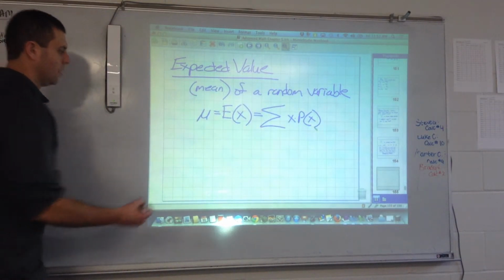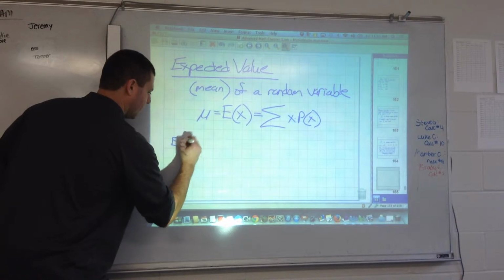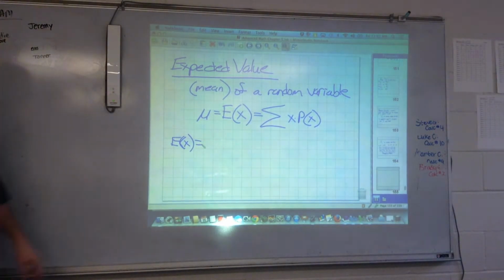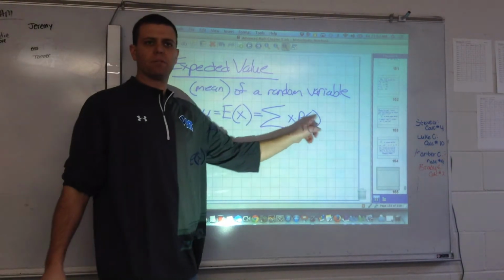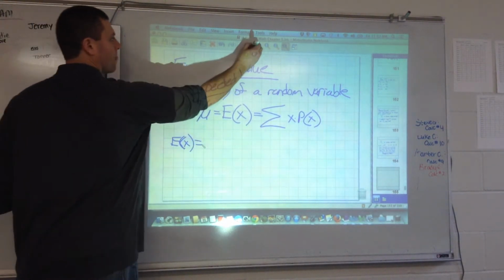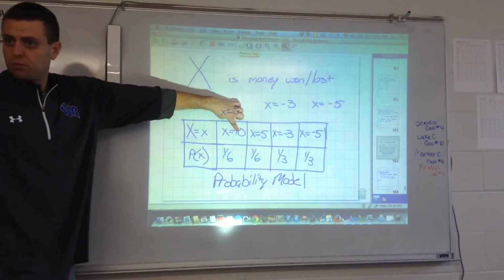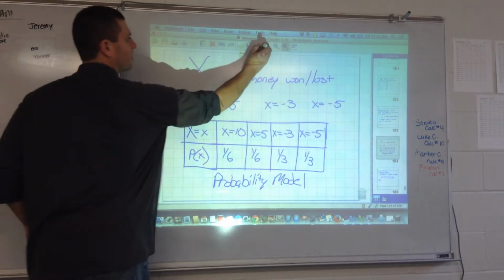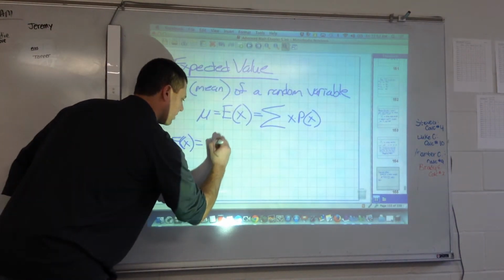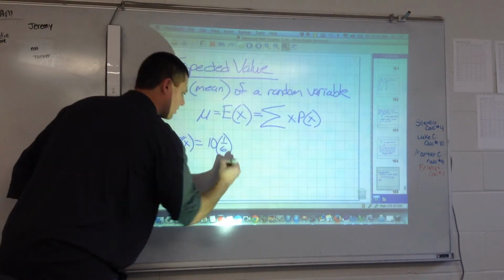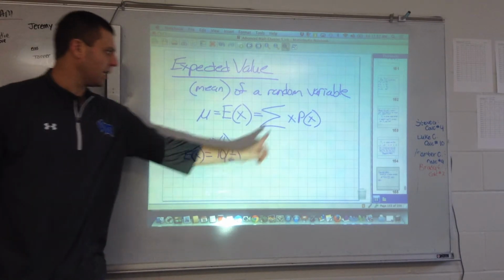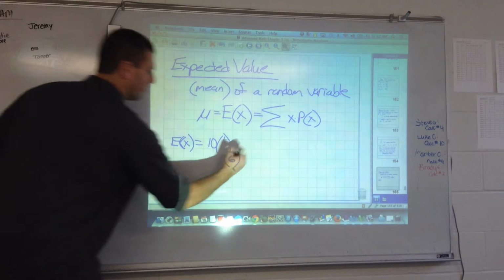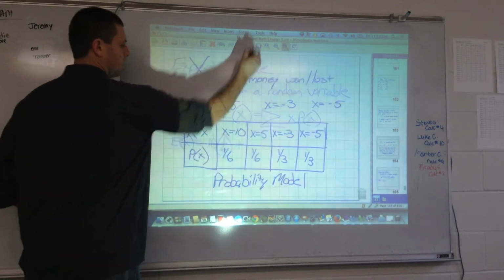Okay. So in our example, my expected value would be, okay, I got to take all those outcomes and multiply them by their probabilities. So one of the outcomes was you winning $10. What was its probability? 1/6. Okay? So in other words, I'm going to take 10 times 1/6, because I'm taking its outcome times the probability of it happening. Plus, I got to do it for the next one.